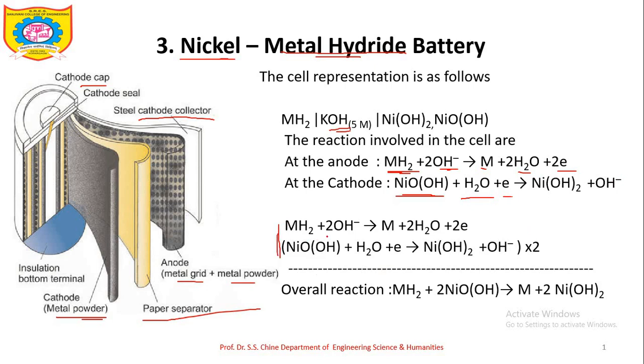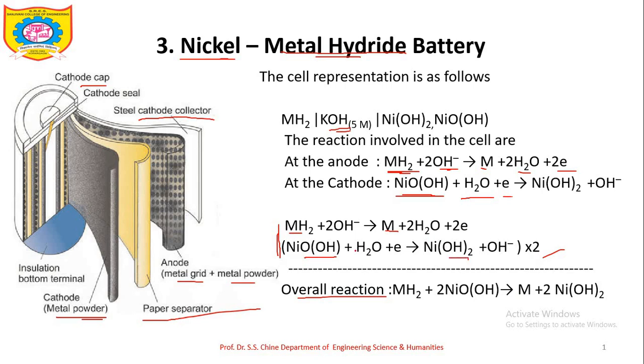Okay, so the first one is the anodic reaction and this second one is a cathodic reaction, and here the overall reaction is given. So what is the overall reaction? Metal hydride plus nickel oxyhydroxide gives metal plus nickel hydroxide.